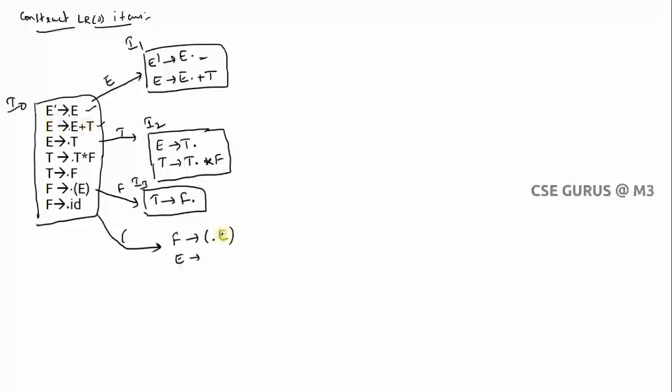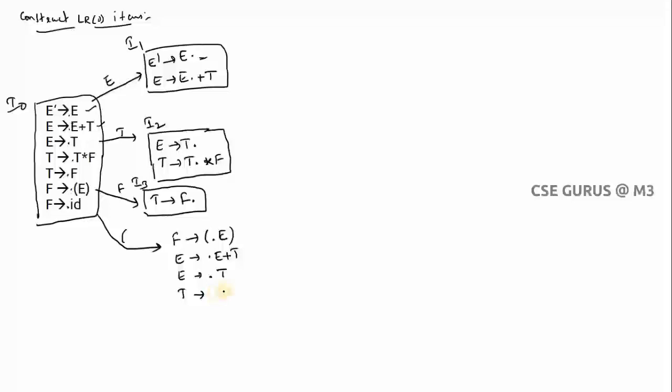So what is E tends to? Dot E plus T. Again E tends to, one more is there, dot T. Now you see dot E is there, dot T is there. Dot E productions you have written, dot T is a non-terminal, so its productions you need to write again.